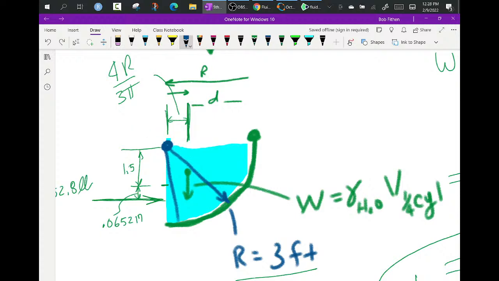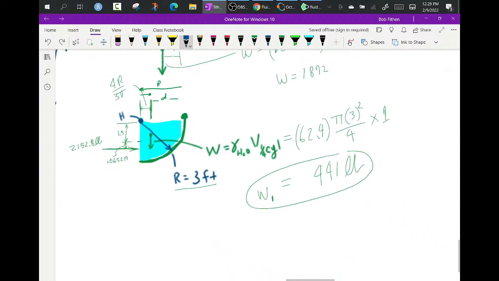Okay, let me take those off. Now the spot I'm interested in is the hinge here, which means the gate can open or close by rotating. Maybe later it might rotate to right here. But for the moment, I want to know the moment about that hinge. So now my distances become a little bit different.